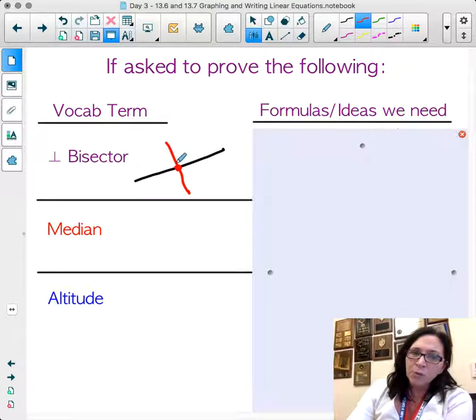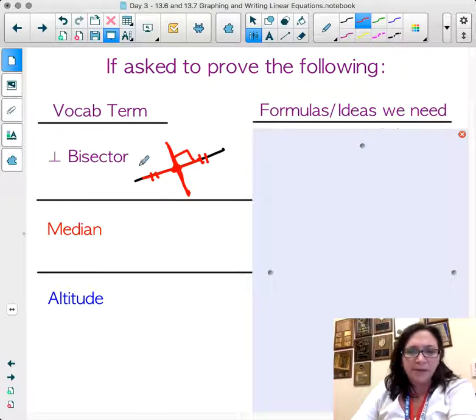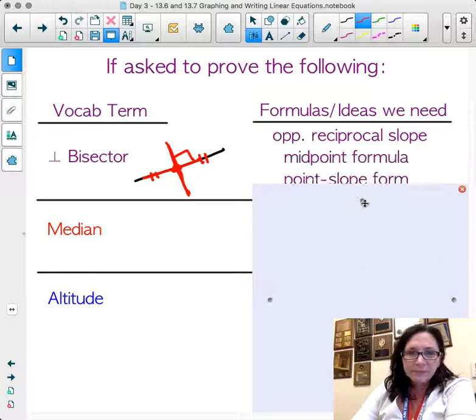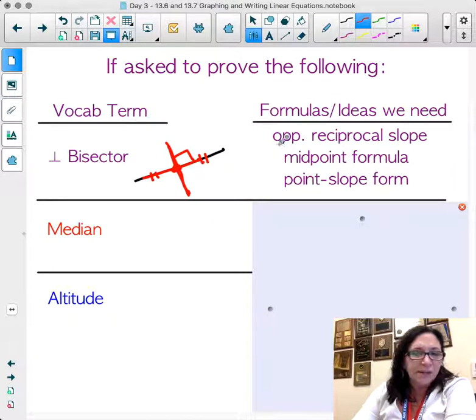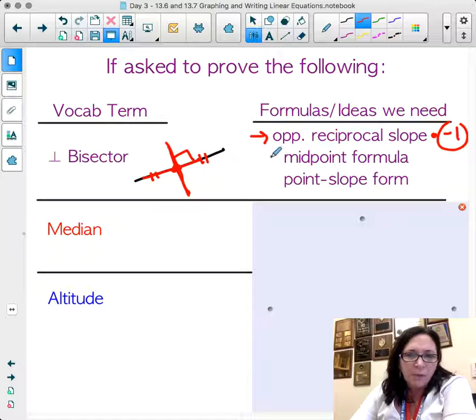And the second thing you would need to do is know if the slopes are perpendicular, because not only do you have to be able to prove that those two sides are congruent, but you also need a perpendicular line through there. Like we did in the example, we would use the opposite reciprocal of the slope, meaning the product is going to be -1. We would use the midpoint formula to find this value, and then we would take our equation and put it in point-slope form.